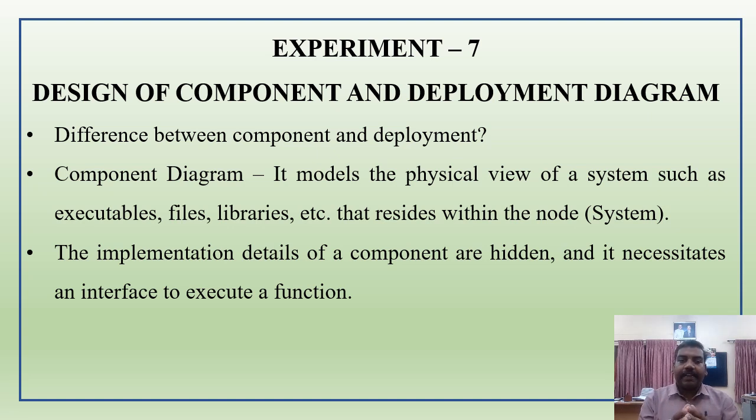So the component diagram models the physical view of the system. For example, if you have an idea of building your own PC, personal computer, what are the major components you need? You need a monitor, a keyboard, a mouse, a CPU. These are the basic components needed for a personal computer.